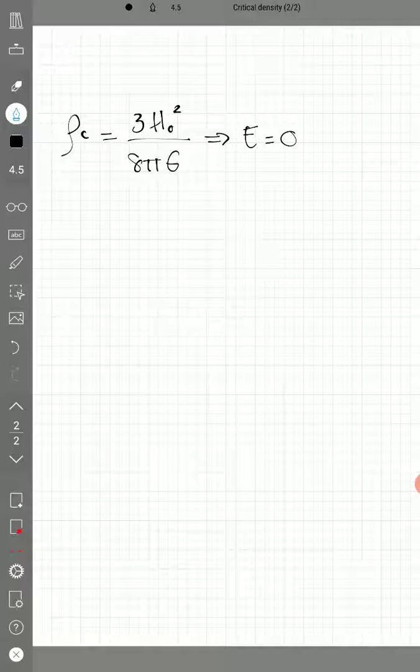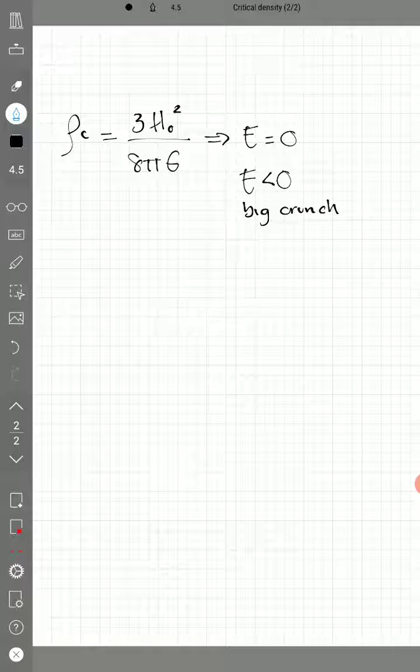Now, what happens if the density is larger than this value? If the density is larger than this value, then we have the case that E is smaller than 0, and we have the big crunch. That means that the gravitational potential energy will, let's say, take over, and gravity will just bring everything back together.